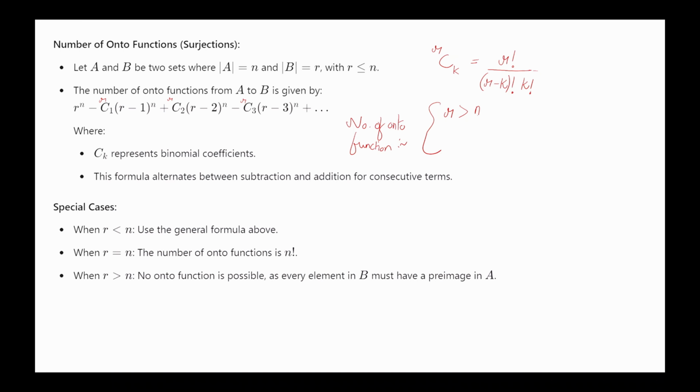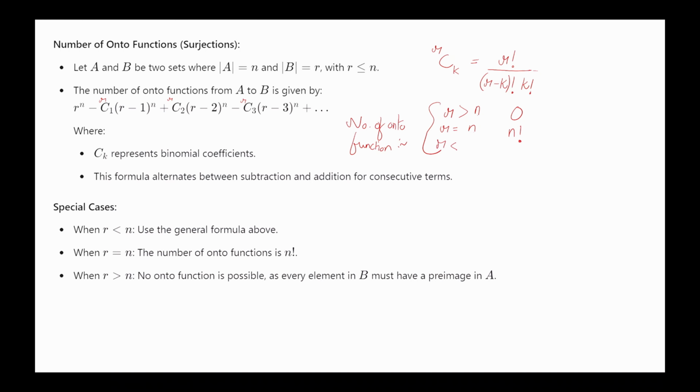So there would be 0 functions possible, 0 onto functions. If r becomes equal to n, then I would have n factorial number of onto functions.